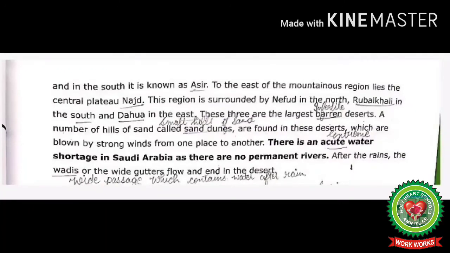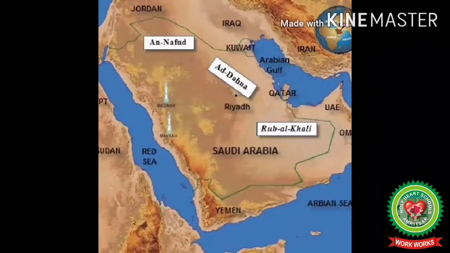These three are the largest barren deserts. The word barren means infertile. Students, the largest barren deserts of this area are Nefud in the north, Dahua in the east, and Rubal Khali in the south.